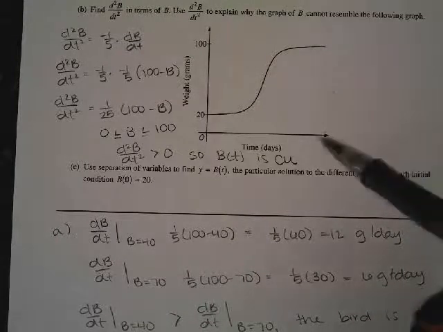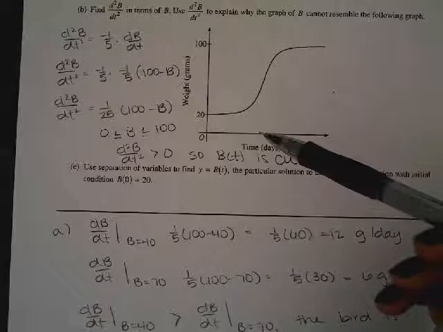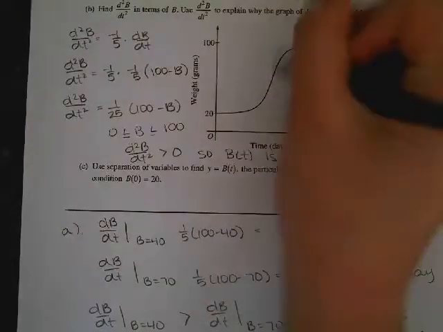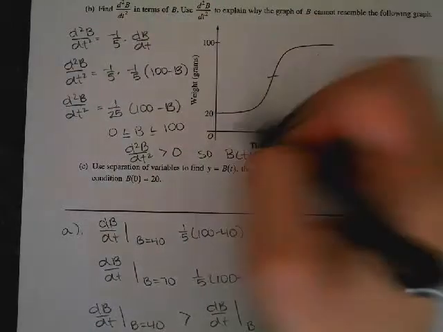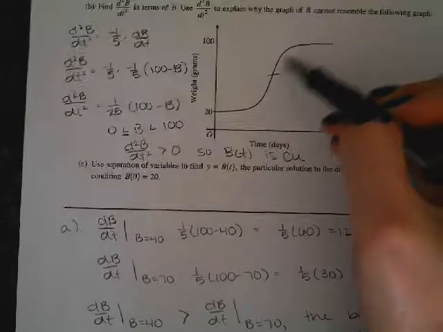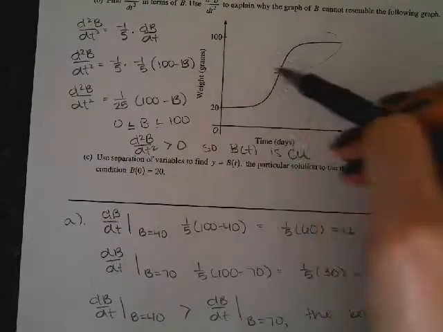All right, now if I look at this graph, I can see that when the weight is from 20 up to 60, it's concave up, but there is this whole section of the graph right here that's concave down, and part of that is when the weight is between 60 and 100.